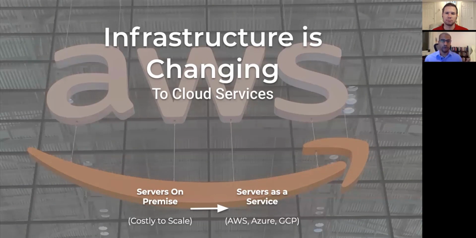And they have a whole entree of different offerings, everything from data science tools to Internet of Things tools to just everything. So the reason we're honing in on AWS is because it's very prominent.